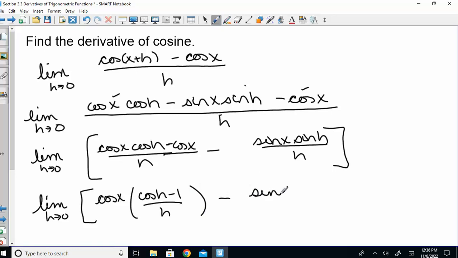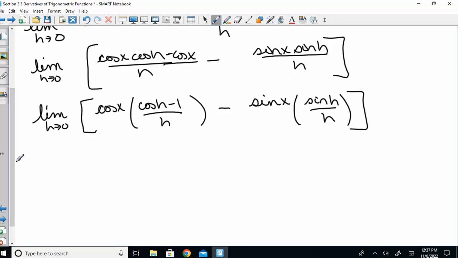Minus, and this one I'm just going to pull the sine x out and leave this as sine h over h. All right, so then cosine h minus 1 over h.